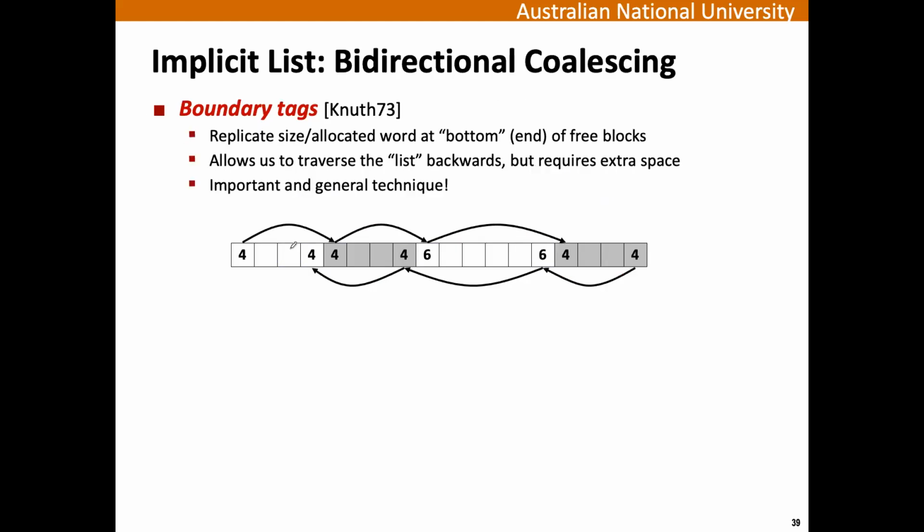For this, we use a trick called boundary tags. We replicate the size and the allocated word or header at the bottom of the free blocks. So it logically allows us to traverse the list backwards, but it requires extra space.